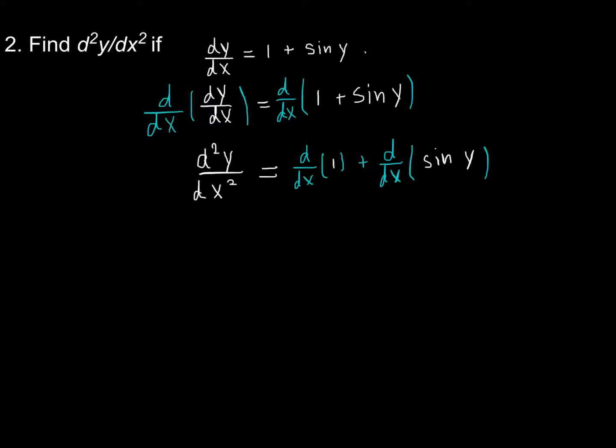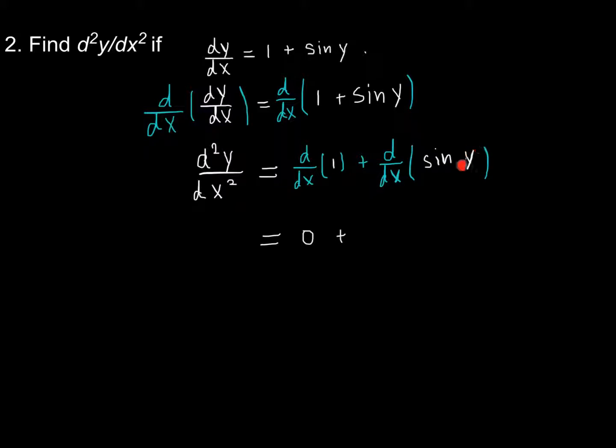Okay, so the second derivative of y with respect to x: the derivative with respect to x of 1 is 0, plus the derivative with respect to x of sine of y. Now, y is a function of x, so remember the derivative of sine of u, where u is a function of x, is the cosine of u times the derivative of u, right?